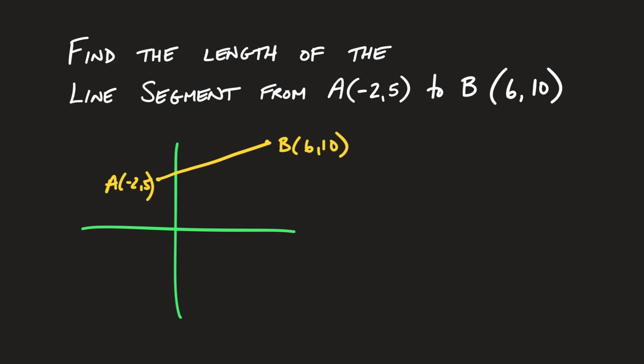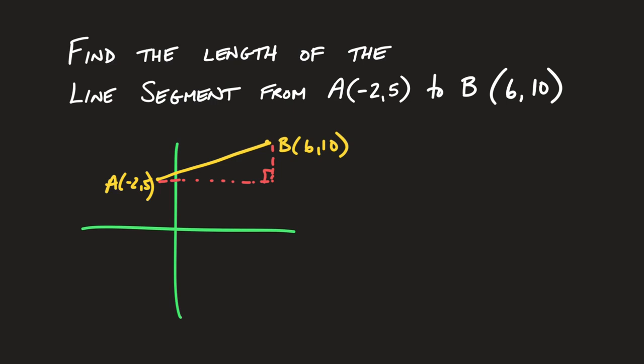Now, that blue formula, where it comes from, is really an application of the Pythagorean theorem. Any line segment can be viewed as the hypotenuse of a right triangle.